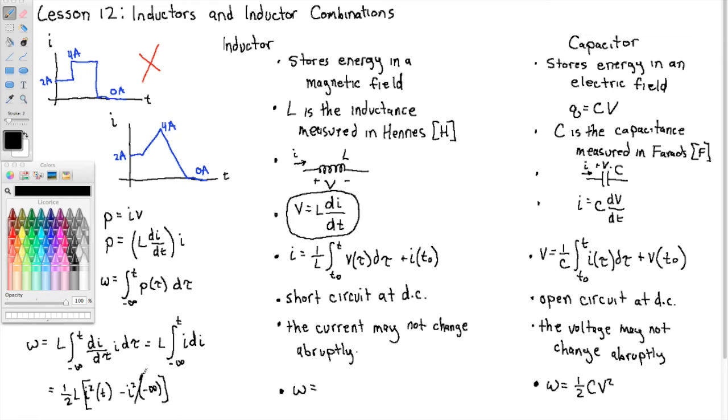Then this term is 0. And so the energy stored in an inductor is 1/2 L I squared. Is that what you guessed? Right. It should be. You see the L plays the role of C, and the roles of the voltage and the current are swapped. So we've got that guy.